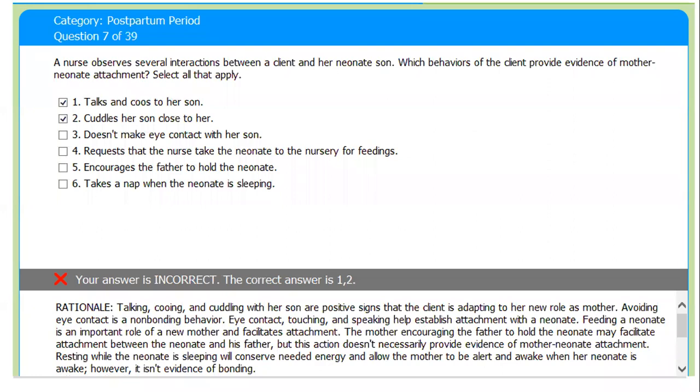The mother encouraging the father to hold the neonate may facilitate attachment between the neonate and his father, but this action does not necessarily provide evidence of mother-neonate attachment. Resting while the neonate is sleeping will conserve needed energy and allow the mother to be alert and aware when her neonate is awake. However, it is not evidence of bonding.